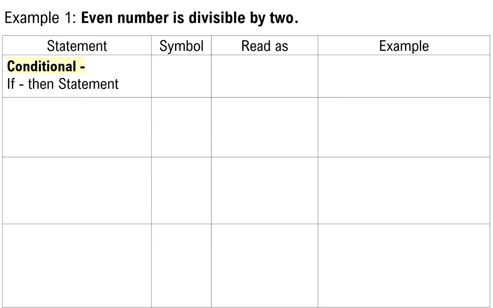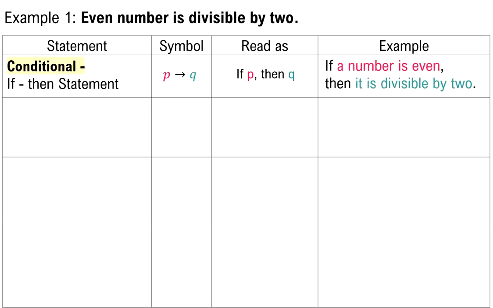To represent a conditional statement, it needs to be written in if-then form. To represent it in symbols, we use small letter P for the hypothesis and Q for our conclusion. In symbol, P, then an arrowhead pointing to the right, pointing to our conclusion Q. We read this as if P then Q. For example, if a number is even, then it is divisible by 2.